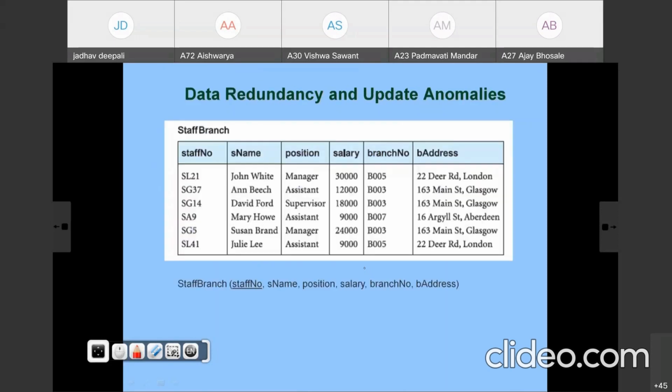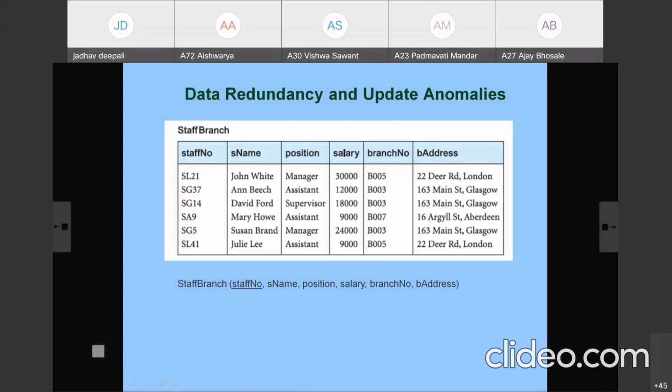Meaning, suppose I want to insert a new staff SL50, Johnny D'Souza, who is a supervisor, and the salary is 18,000, who is associated with B005. So I want to insert this staff information, then I need to add the branch information also.